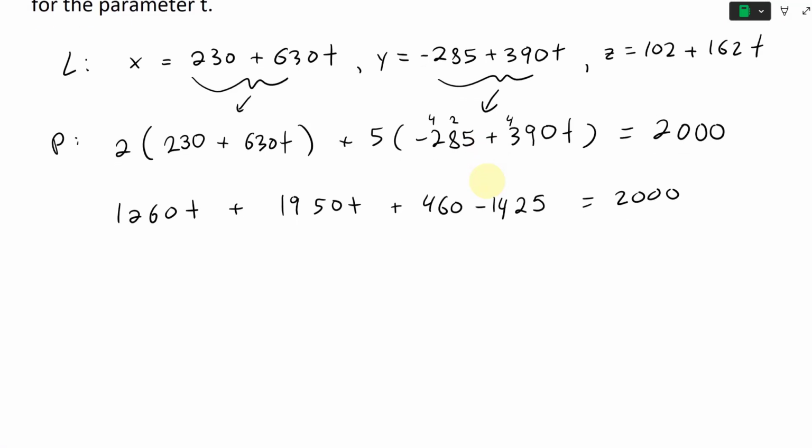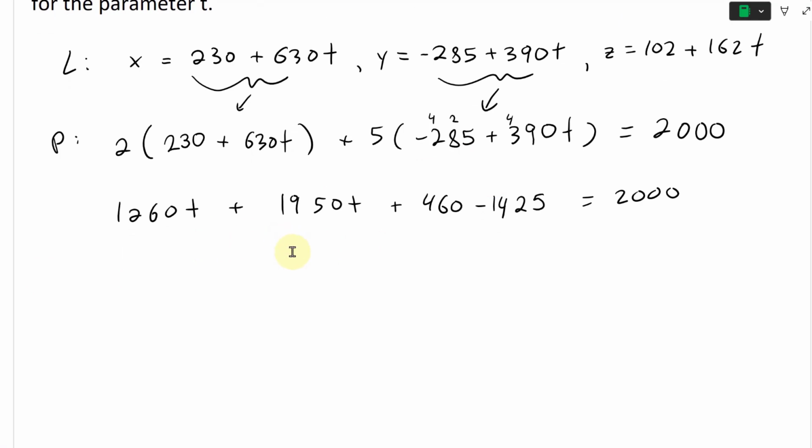Now we take the like terms, with some more arithmetic. 1950 plus 1260: add these up and it's going to be 3210t.